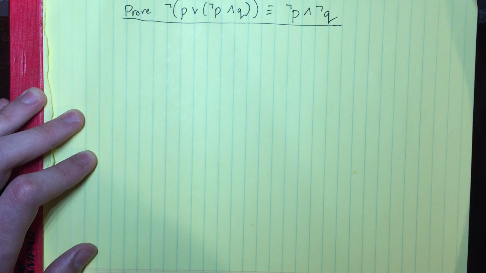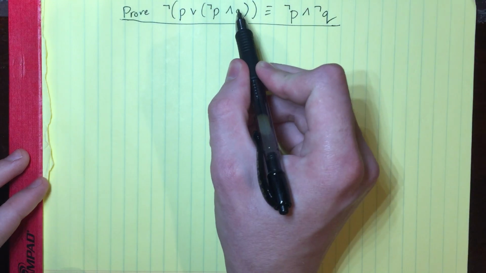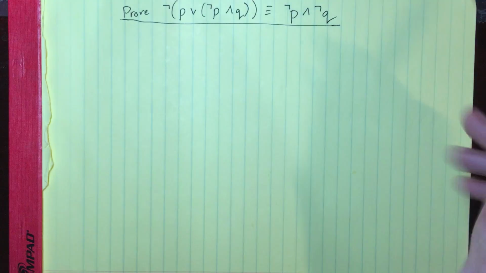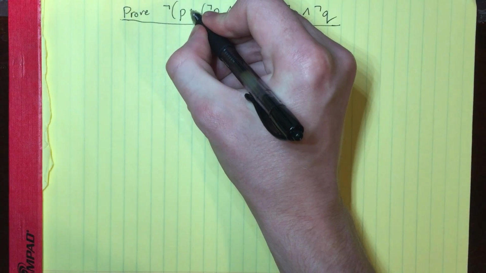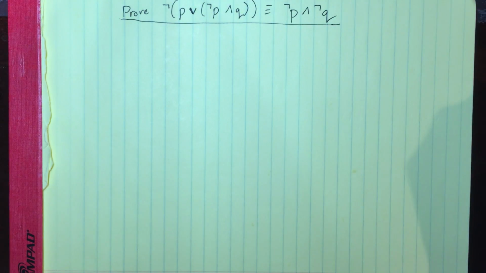A lot of times teachers will say you can't use truth tables, you have to use logical equivalences. So usually you want to take the bigger one and convert it to the smaller one. It's easier. We're basically going to manipulate these different ands, ors and nots with the logical equivalence laws we learned in the last video.